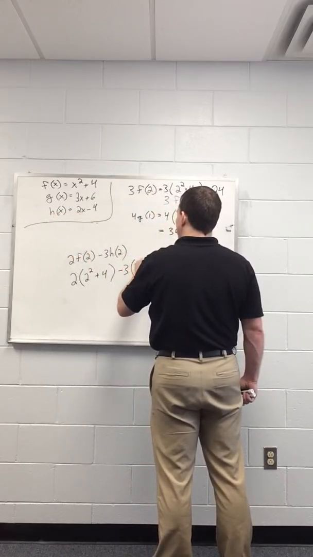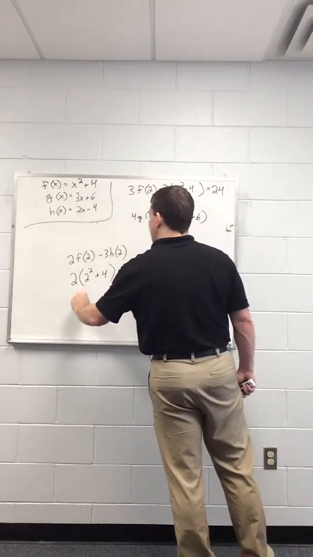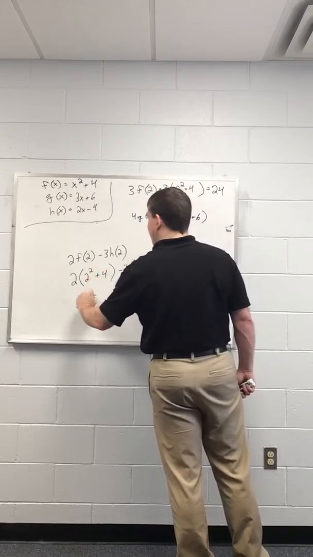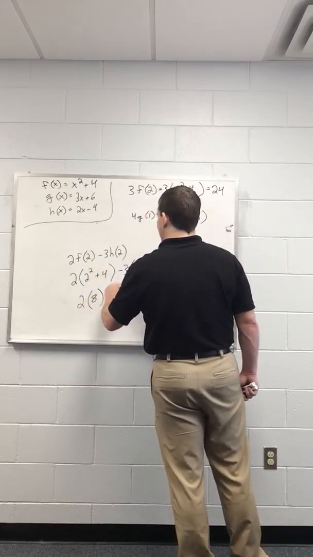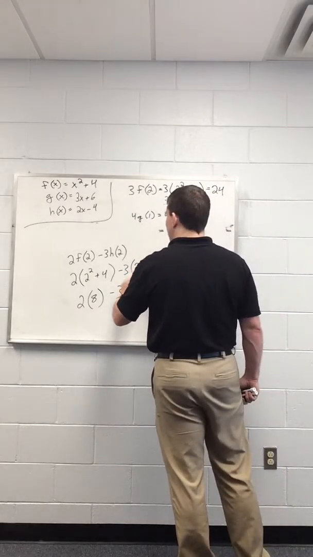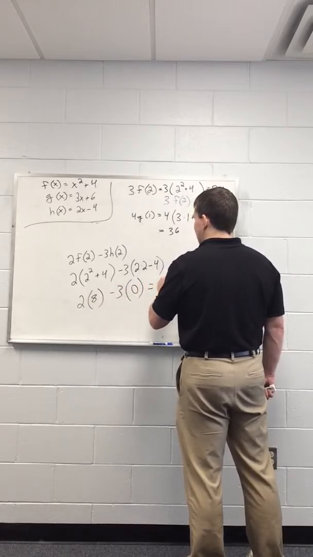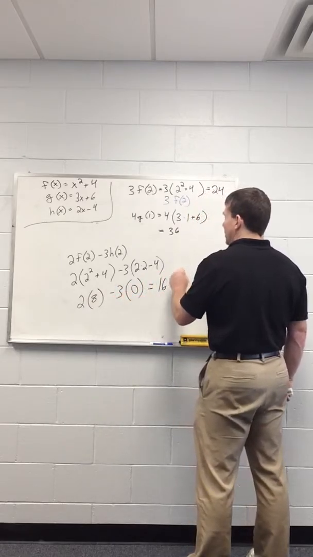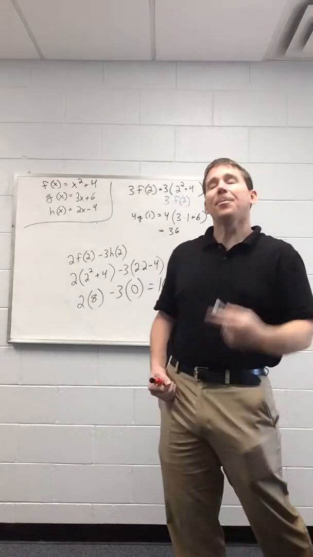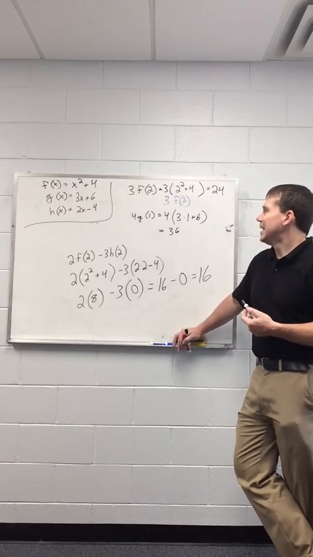That's 2 times 2 minus 4. Now it's all just order of operations. That's 2 times 2 squared is 4, 4 plus 4 is 8, minus 3 times 2 times 2 is 4, 4 minus 4 is 0, and then I get 8 times 2, which is 16, minus 3 times 0 is 0, which is 16.